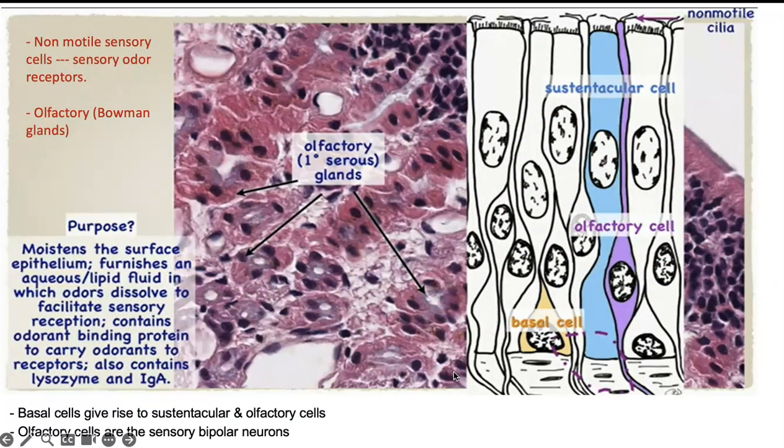One of the important structures here is that the olfactory epithelium has different types of cells. You can see now we have the basal cell, the olfactory cell, and the sustentacular cell. Usually the sustentacular cell is important for support, right?